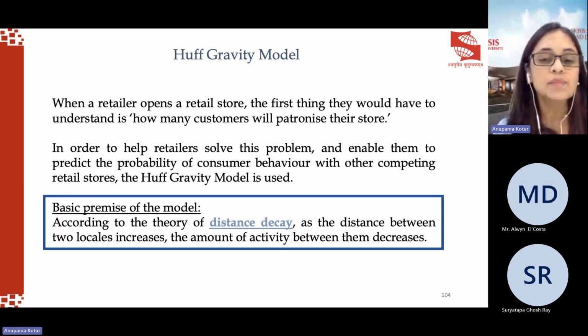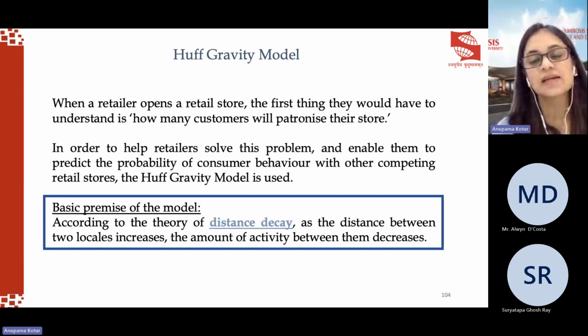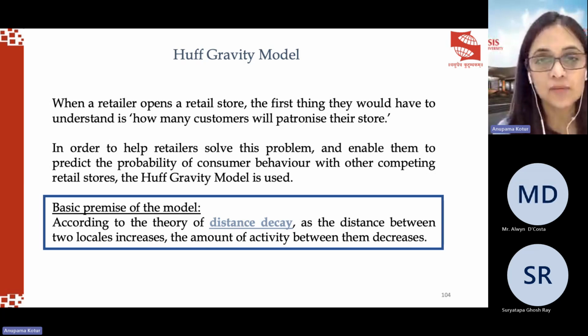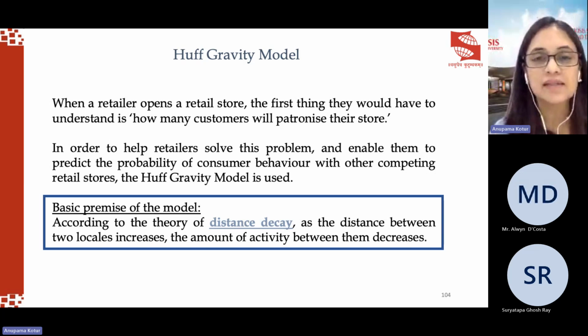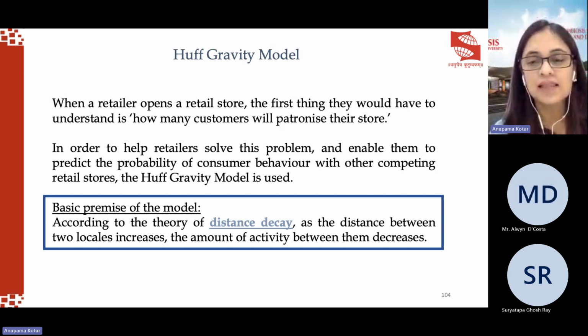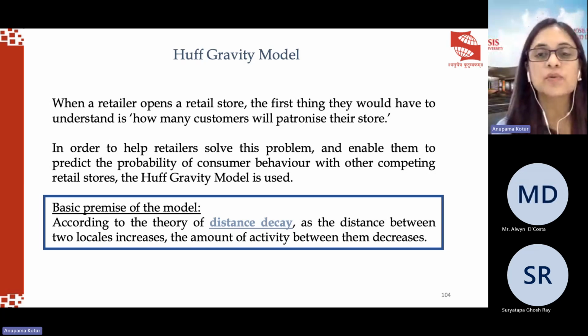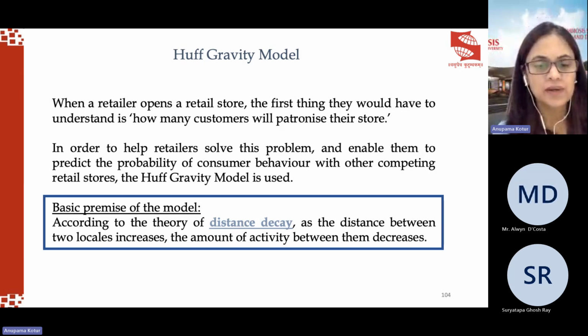Distance decay means that as the distance between two locations increases, there is lesser and lesser activity between them. So there is an inverse association between the distance and the involvement. As the distance increases, there is lesser activity between the two places, right?